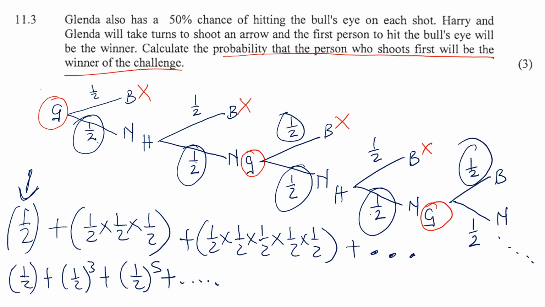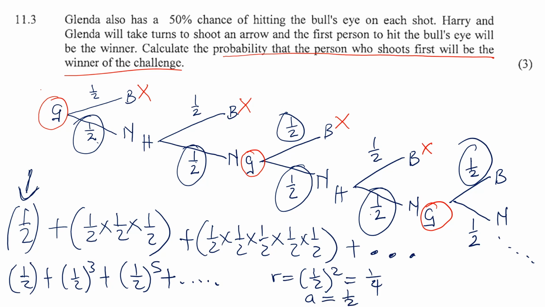Can you see? It's forming a sequence here, guys. If you check, this is a geometric sequence because the common ratio here is just 1/2 squared. If you calculate r, the common ratio, it's 1 over 2 squared, which is basically 1 over 4. And we have our a, which is 1 over 2.